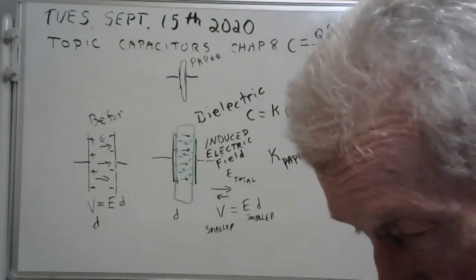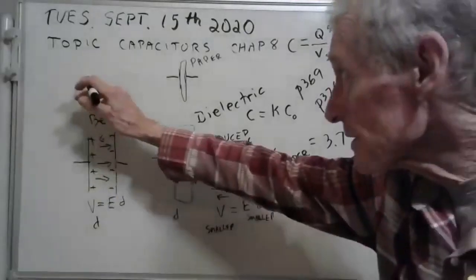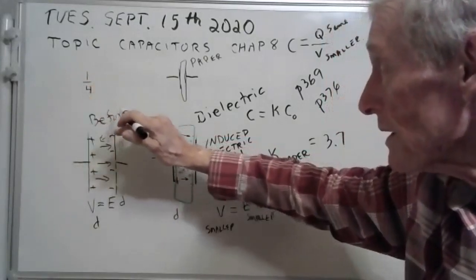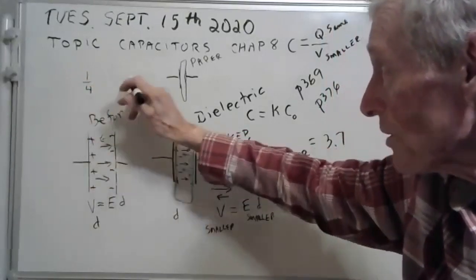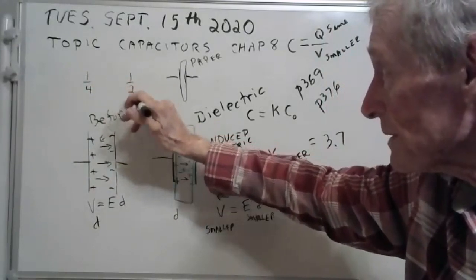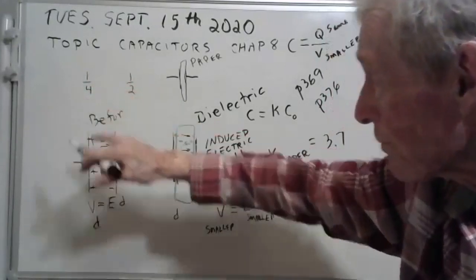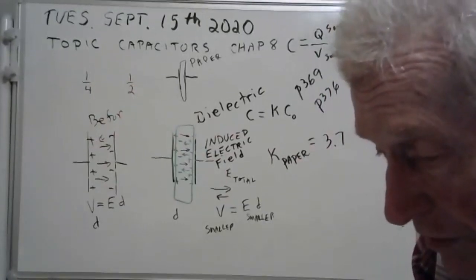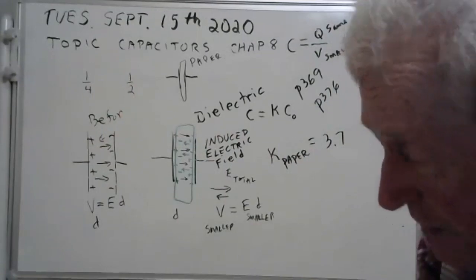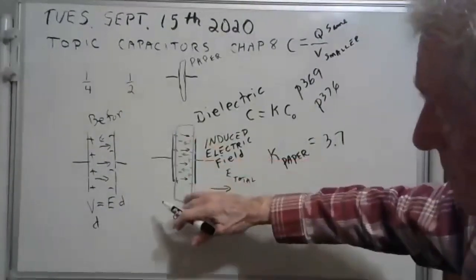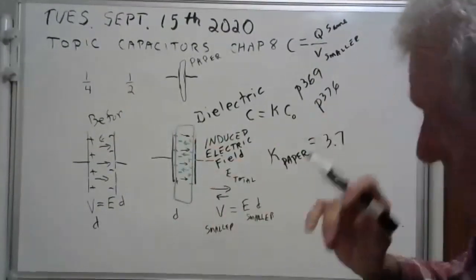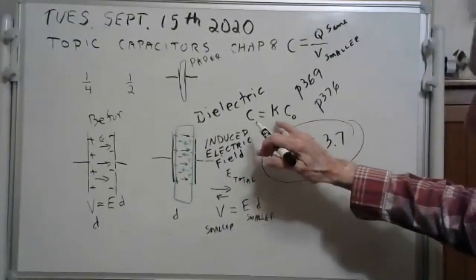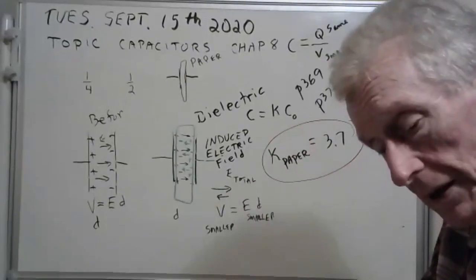Yeah, if you have 1/4, and you make that 4 smaller, like 1/2, 1/2 is bigger than 1/4. When you make the denominator smaller, the fraction gets bigger. So putting the dielectric in, with paper, it makes it 3.7 times bigger.